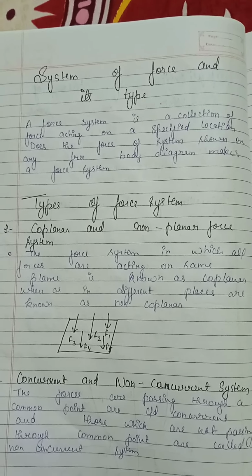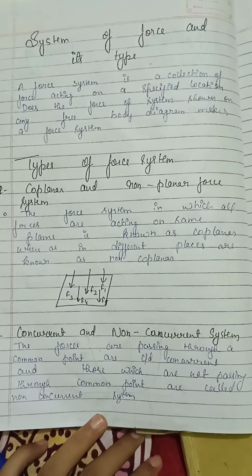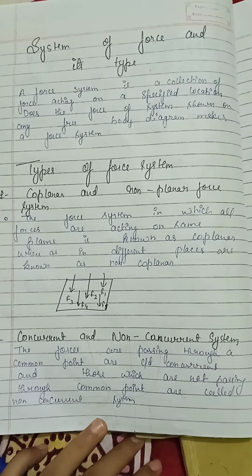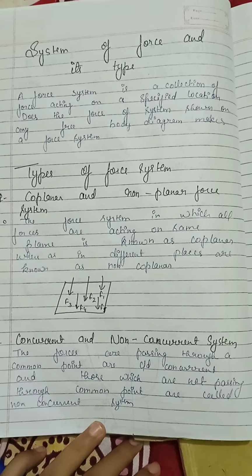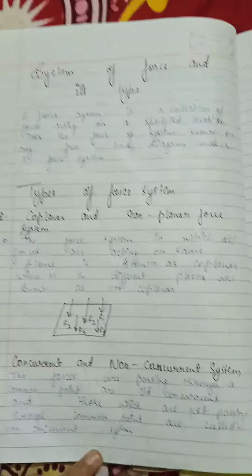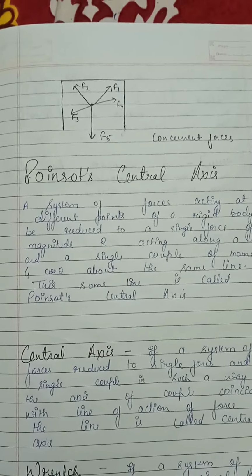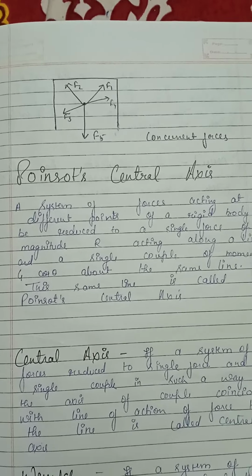The diagram is here. Now, the concurrent and non-concurrent systems. The forces passing through a common point are called concurrent, and those which are not passing through a common point are called non-concurrent. Here is the diagram. Now, what is Poinsot's central axis?